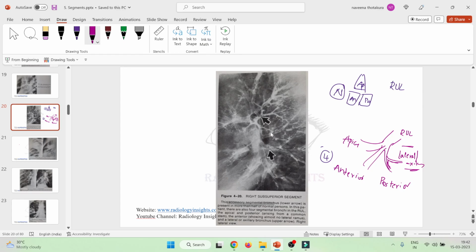From the common stem, we have apical and posterior bronchus, then we have anterior bronchus, and the lateral or axillary bronchus is also seen. So we have an accessory segmental bronchus, and there is also a lateral or axillary bronchus which is seen in this patient. It is one of the variations.